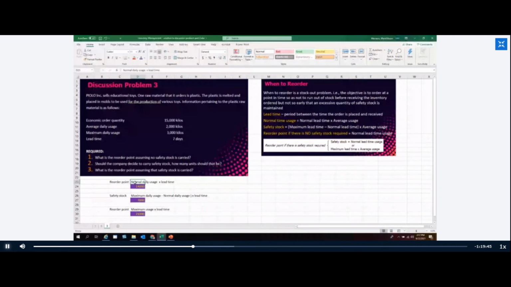It's normal lead time usage. Paano nga natin kino-compute yung normal lead time? It's normal lead time multiplied by the average usage. Given naman lahat nandito, so you have your normal daily usage of 2,000 multiplied by, in this case, your lead time of 7 days.